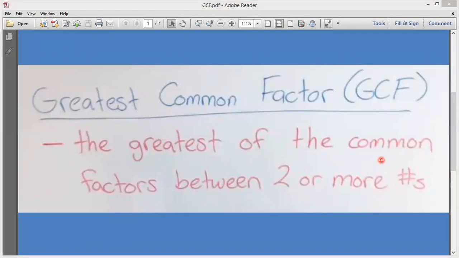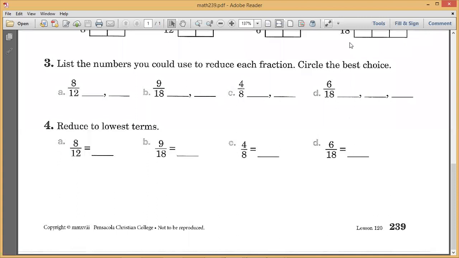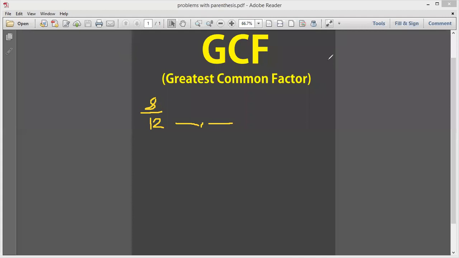So let's try an example. Let us use what's in the seat work, 8 twelfths. So why don't we go to the board and we'll work on 8 twelfths. Here's our first example. There's a couple ways you can find your GCF.